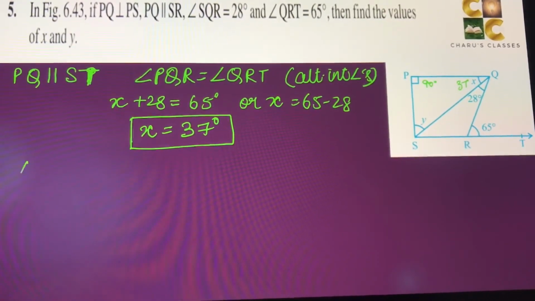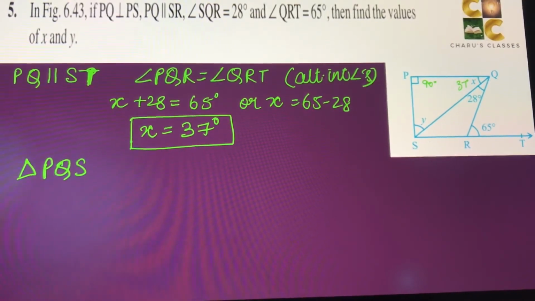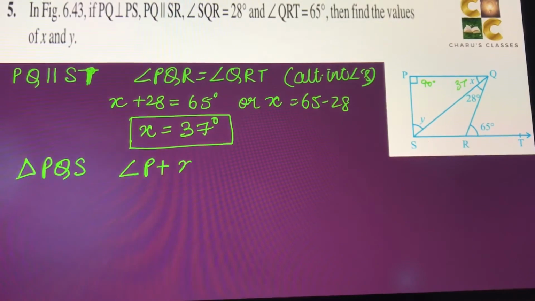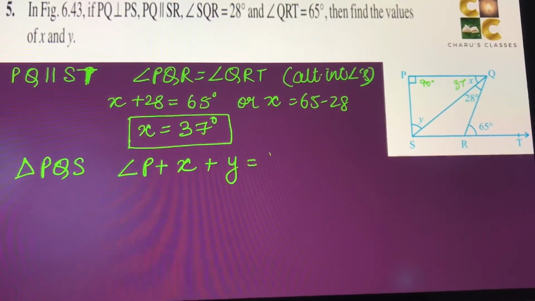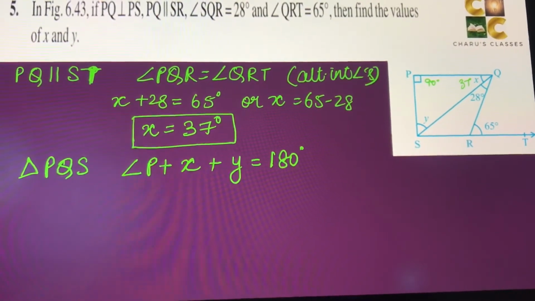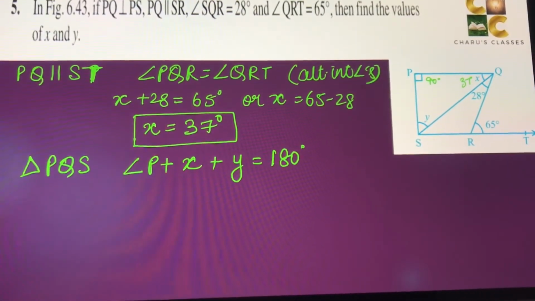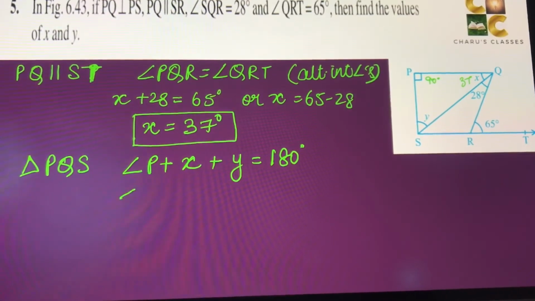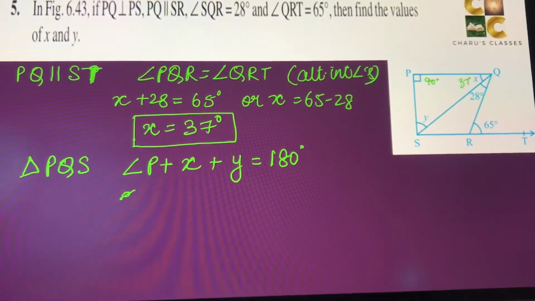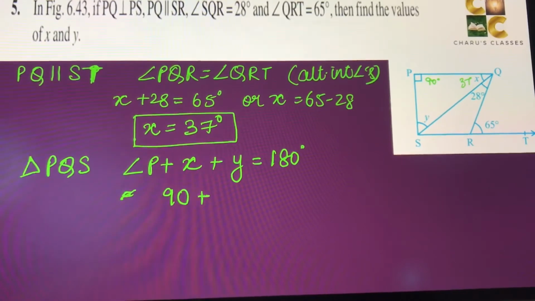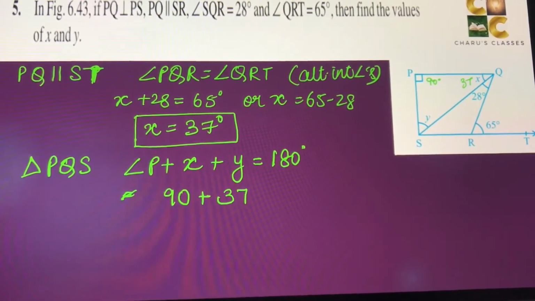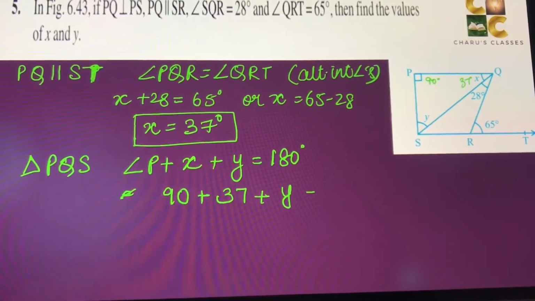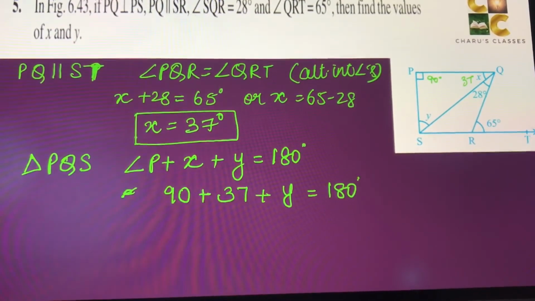Now if we talk of triangle PQS, in triangle PQS, the sum of all angles, that is angle P plus X plus Y, should be equal to 180 degrees. So we can write angle P, which is 90 degrees, so 90, angle X is 37 degrees, so 90 plus 37 plus Y is equal to 180 degrees.